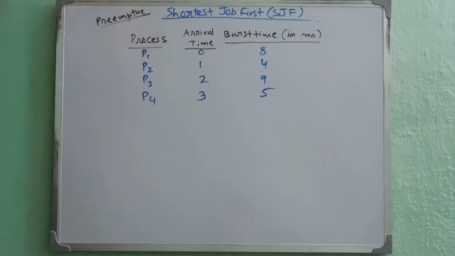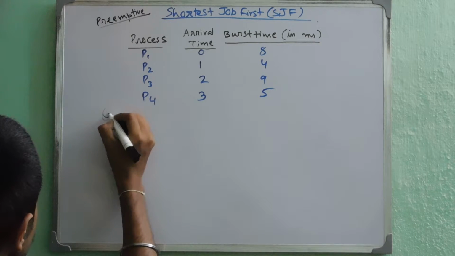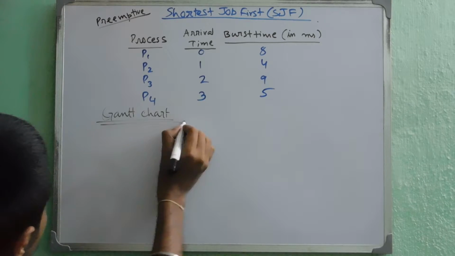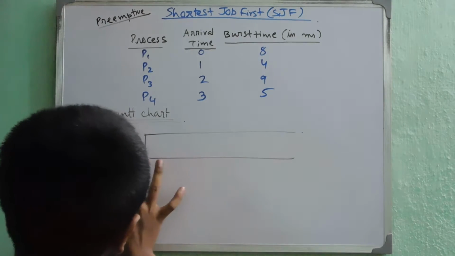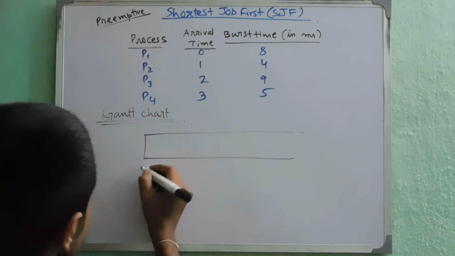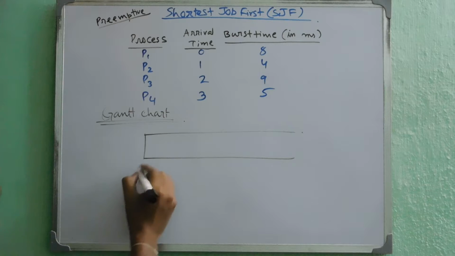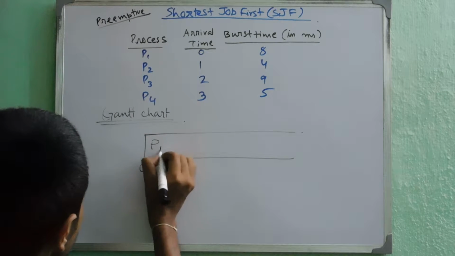Now let's start solving. First step is drawing the Gantt chart. So I am just drawing the Gantt chart. Now the Gantt chart starts from 0, as the least arrival time is 0, and the first process is P1.